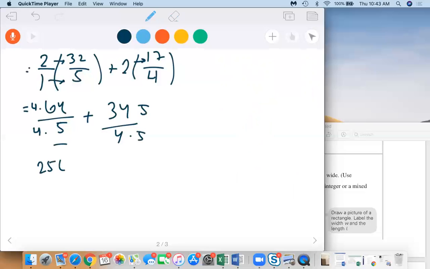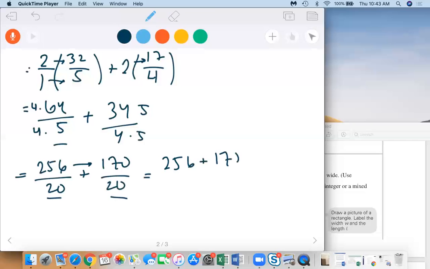So here we have 256 over 20 plus 34 times 5, which gives me 170 over 20. When we add, remember, we add the numerators, but keep the denominator the same. So 256 plus 170 gives us 426 over 20.